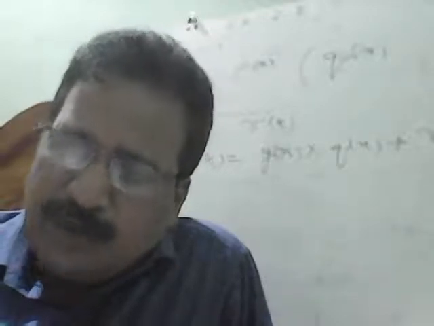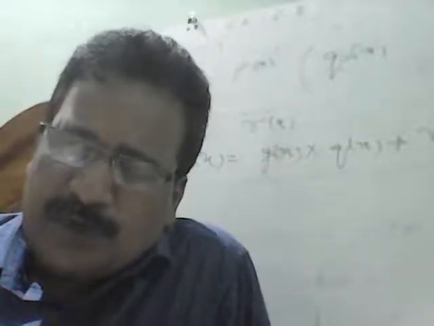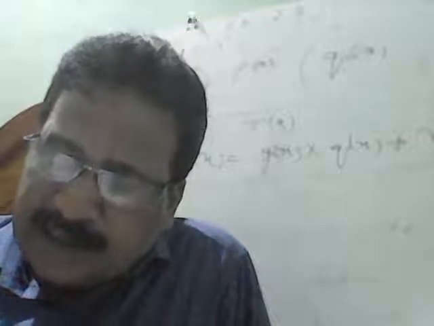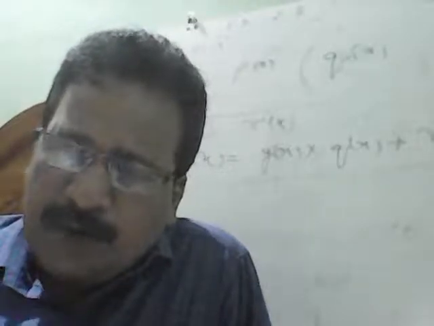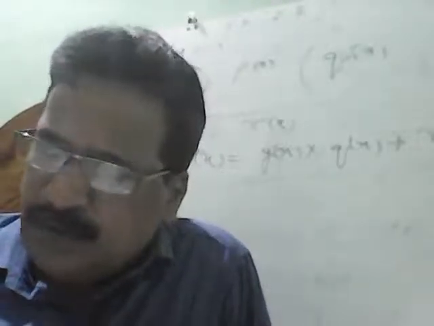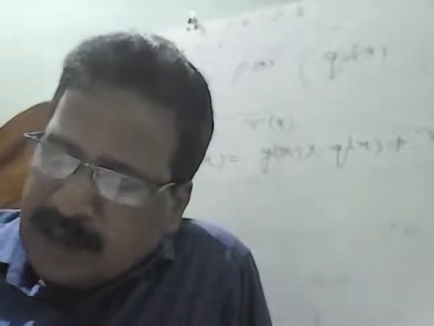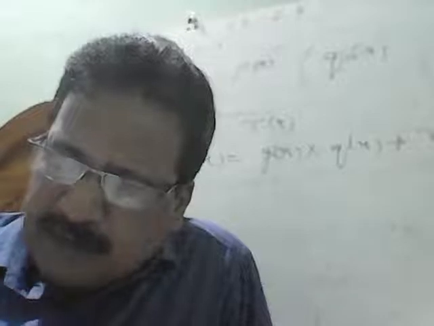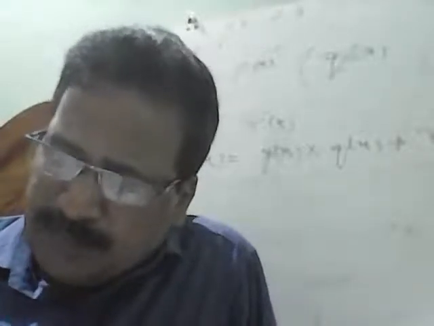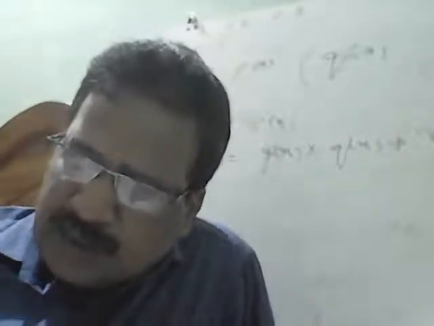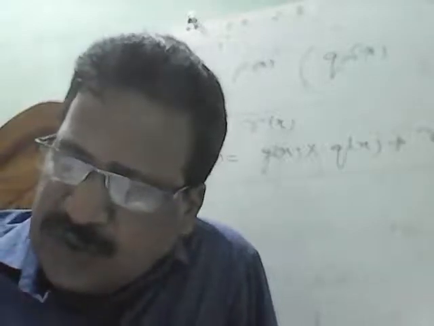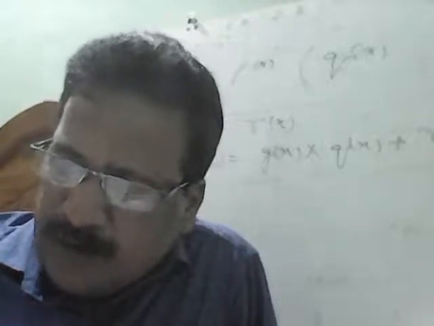Factor means when we divide, the remainder must be 0. As it is given that root 2 and minus root 2 are zeros, hence x square minus 2 is a factor. Divide the given polynomial by x square minus 2. You will observe the quotient is 2x square minus 3x plus 1 and the remainder is 0.